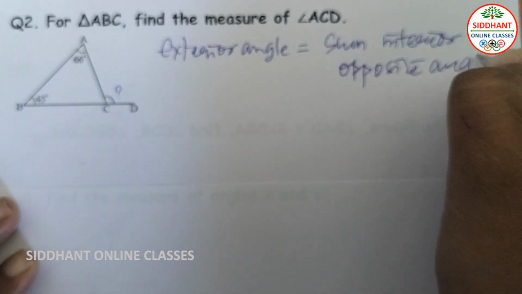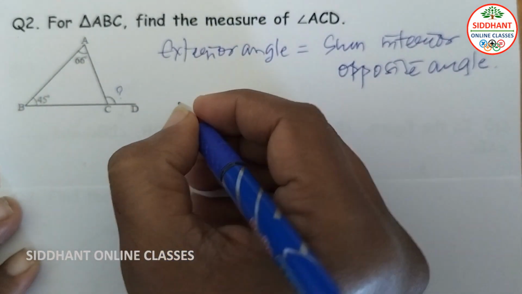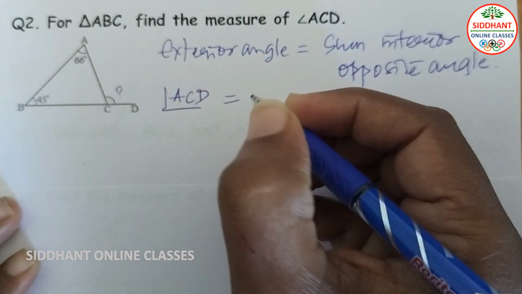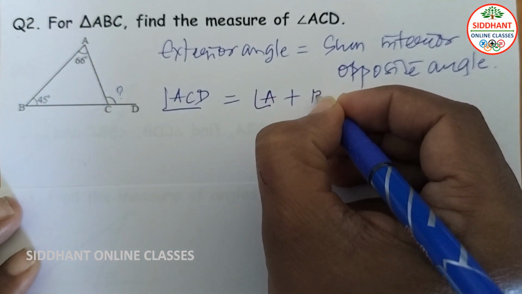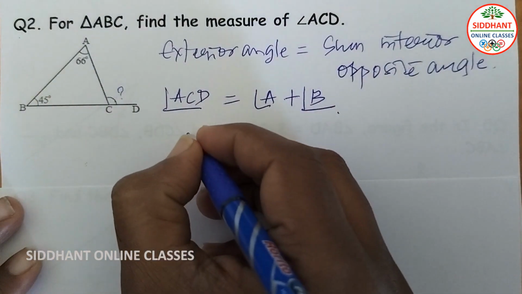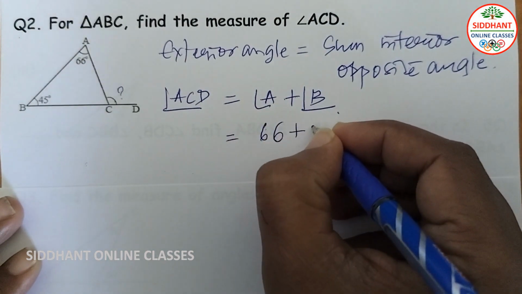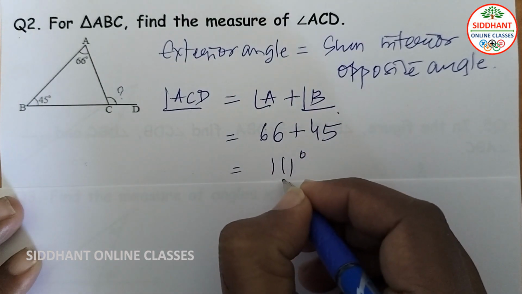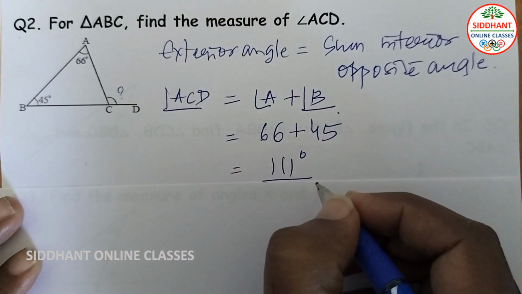So angle ACD is the exterior angle, and it equals angle A plus angle B. Angle A is 66 and angle B is 45, so that equals 111 degrees. So the exterior angle is 111 degrees here.